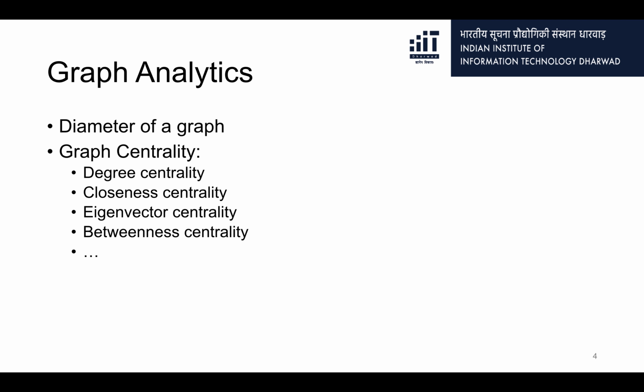So, what are the kinds of things that we measure and analyze in graph analytics? There is the idea of a diameter of a graph, right. The diameter of a graph is defined as the length of the longest shortest path. That could be a little confusing. You take the shortest path between every two vertices in the graph, assuming it is a connected graph.